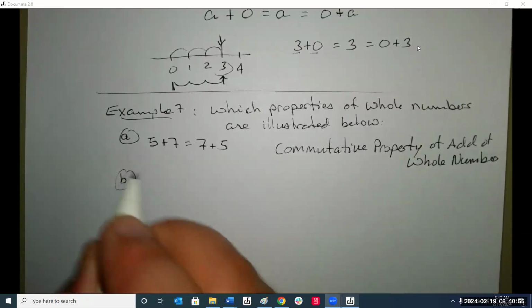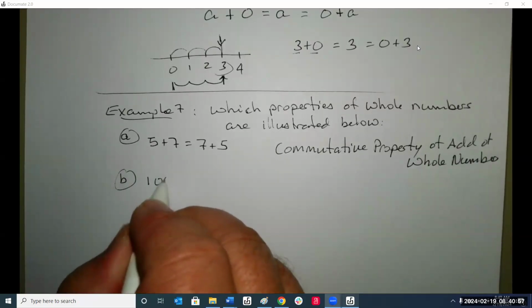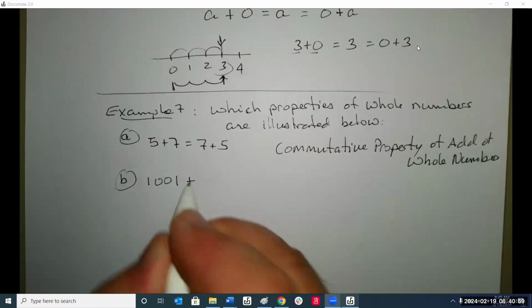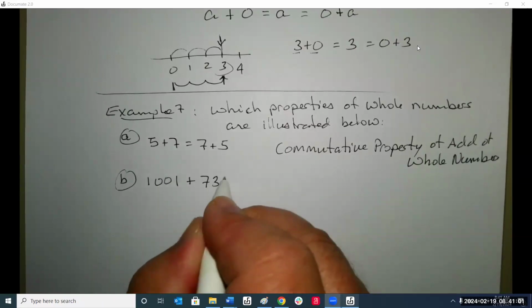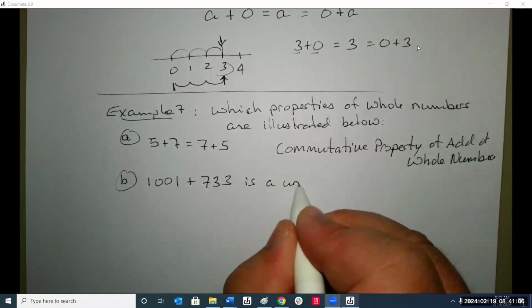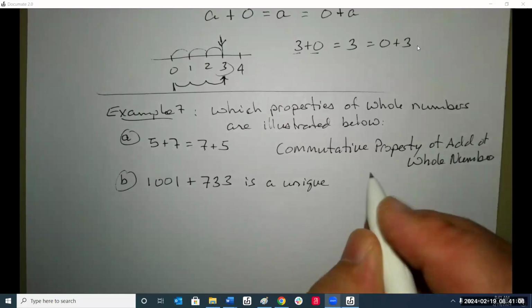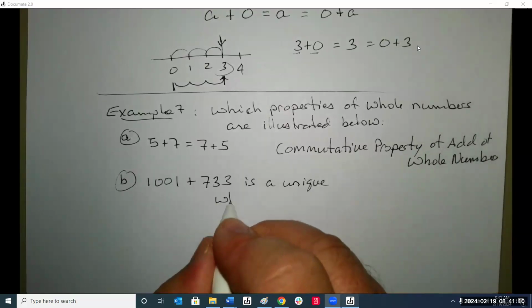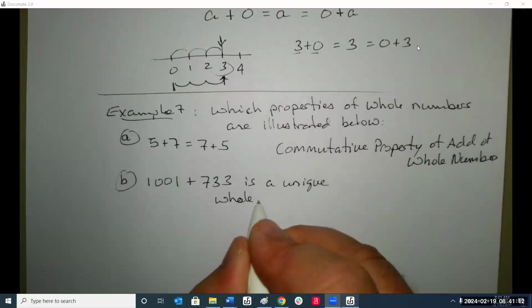The next one: 1001 plus 733 is a unique whole number.